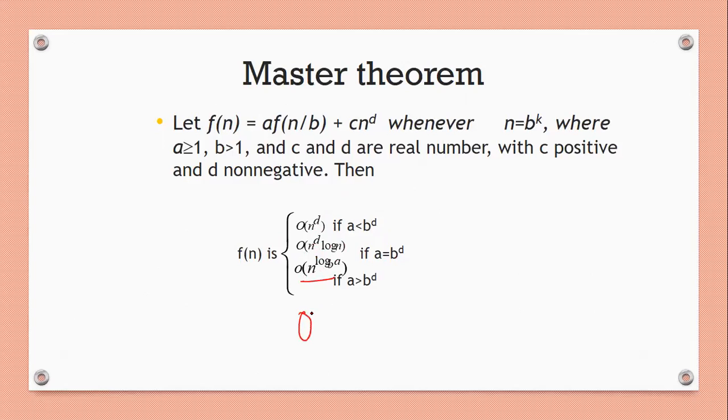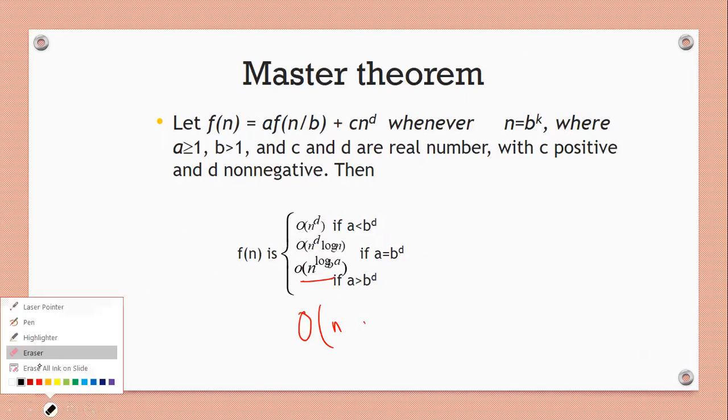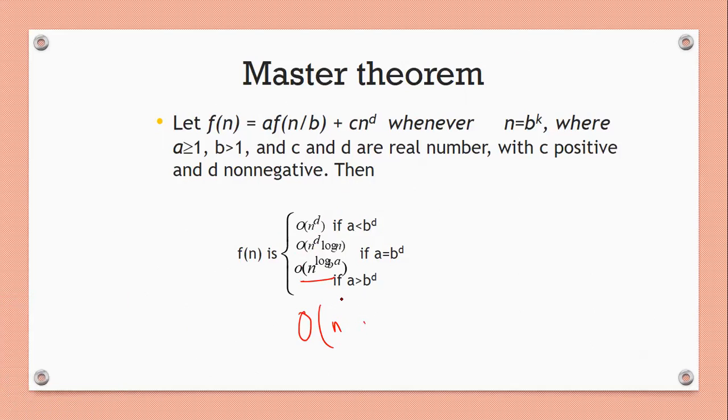If a is greater than b power d, then it is order of n power log a to the base b. Now for this theorem 2, we can have a few problems with respect to a, b, c, d values.